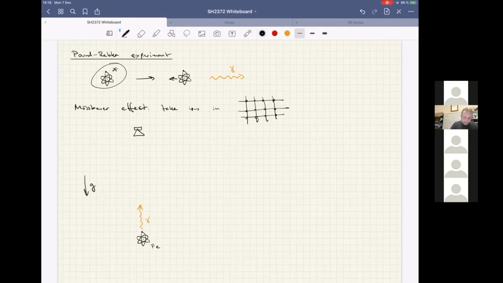So you place them in a gravitational field, and you place them at the height h here. Now, if you remember when we discussed gravitational time dilation, gravitational redshift, what was important here was essentially the square root of g_tt.